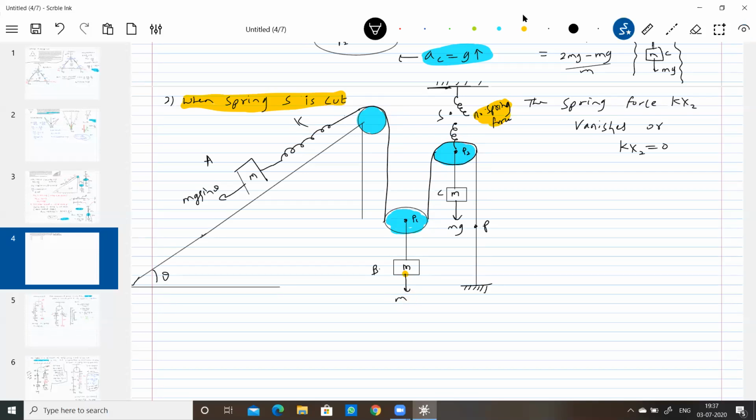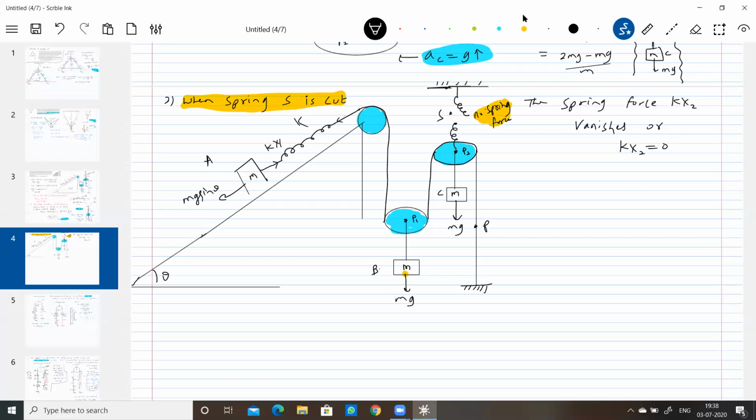Sir, the thread will become loose. Just after the spring is cut, there won't be any impact, but eventually the thread will become loose. So for this spring force, nothing will happen, no?